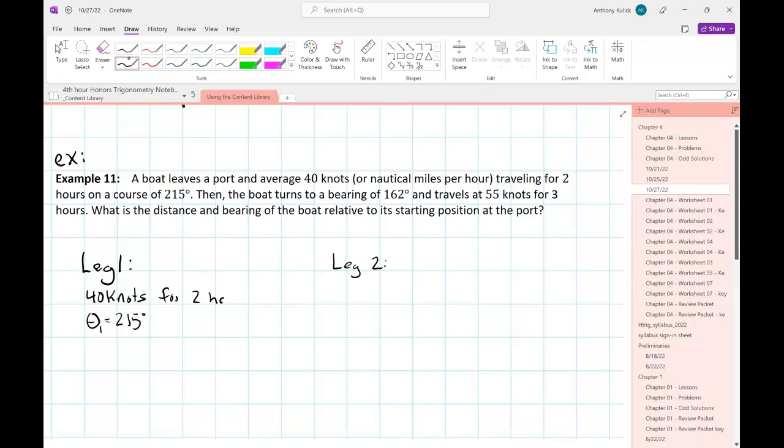And then I go 55 knots for 3 hours, and my bearing is 215. Okay. How far did I go on that first trip?